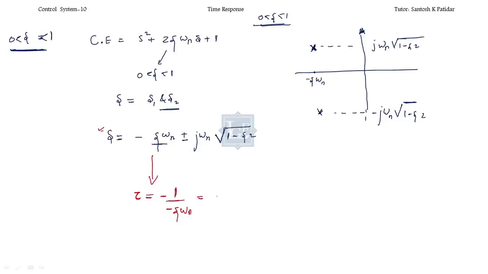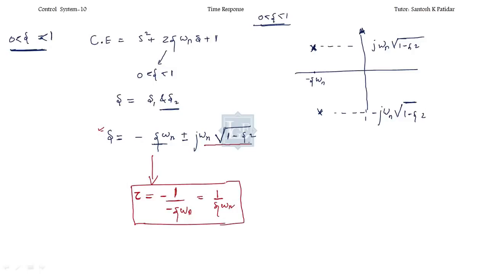So it will become 1 by zeta omega n. Okay, so this is the time constant, minus 1 divided by the real part of the system poles, correct?